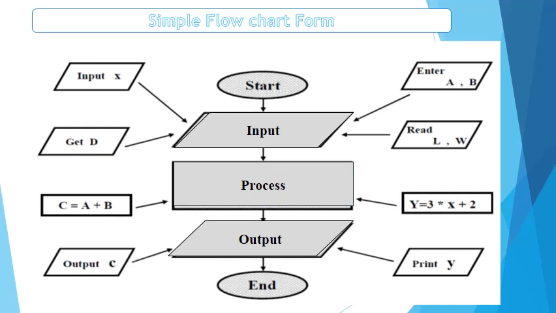And as I said last time, to differentiate between the input and output, we use some words with the input and other words with the output. With the input, we use input, enter, get, read. With the output, we use output or print. Of course, the process is simple, for any division, multiplication, average, product, sum. Any calculation will be put in the process.